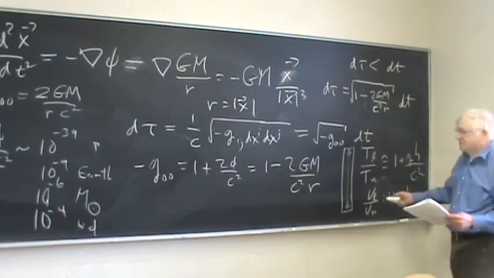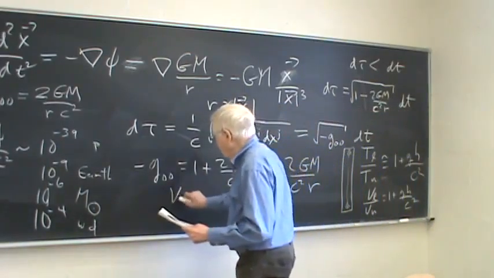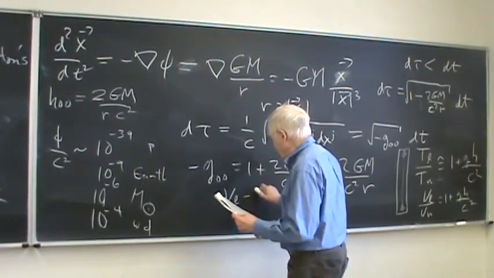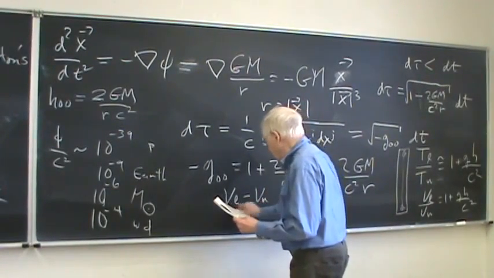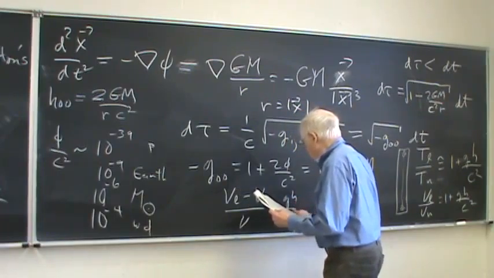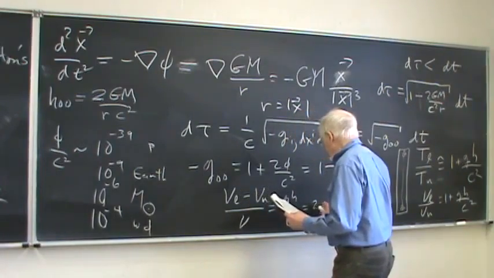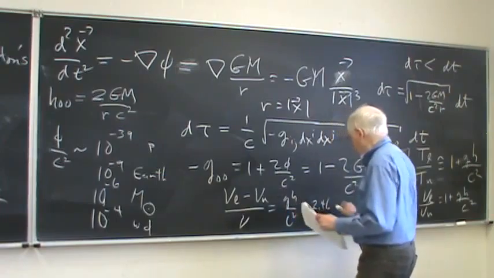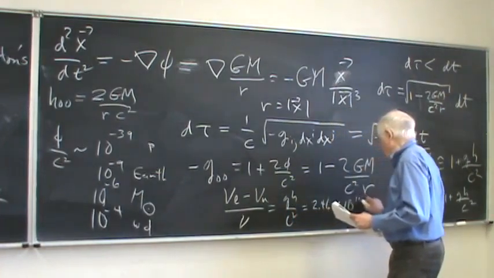And the change here, the lower frequency minus the upper frequency over the average frequency, was gh over c squared, which in the case of Pound and Rebka was 2.46 times 10 to the minus 15.